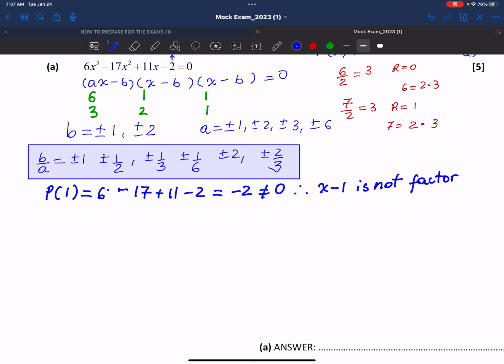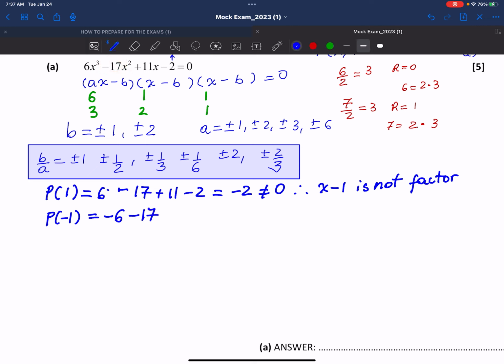So I'll search for the next possible factor by substituting the value of x by negative 1. If I do this, we have 6 times negative 1 to the power of 3, which is equal to negative 6. And then negative 17 times negative 1 squared is negative 17.